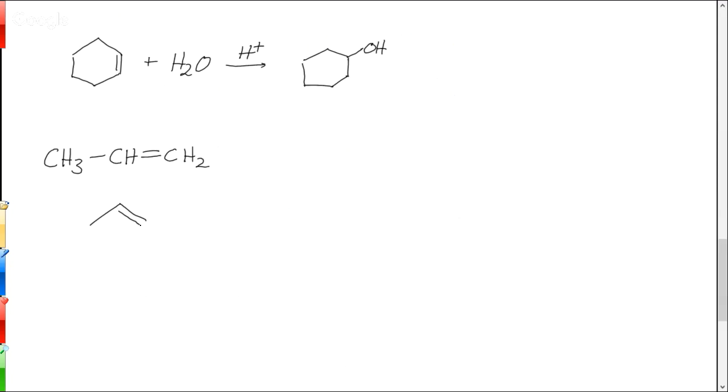If we do the same hydration reaction with this structure now, there are two possible products, because we can either go HOH left to right, or we can go HOH right to left. So let's draw those. We lose the double bond, and we add H and OH.